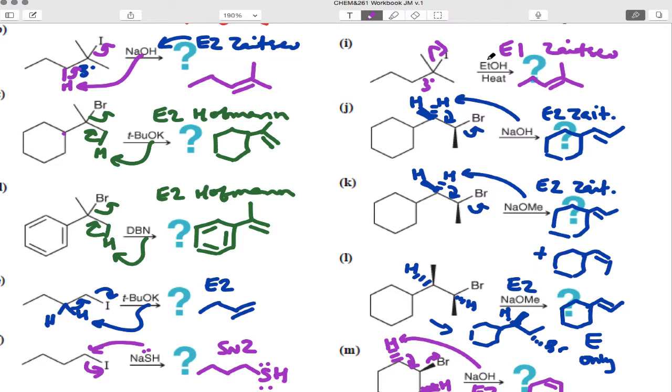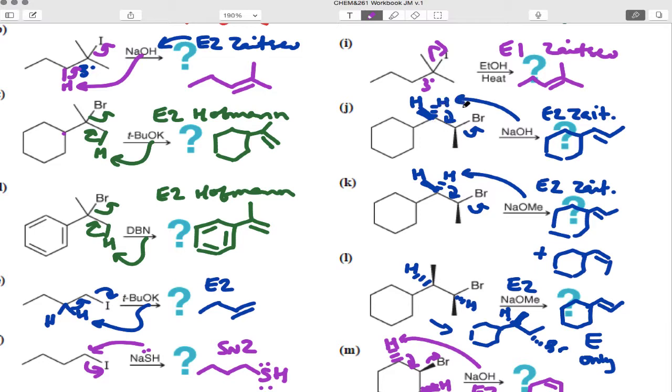It could do E1 or SN1 with ethanol, but with heat, that's going to drive it toward E1. So this is going to leave, and then I'm going to get a positive charge, no rearrangement, and a Zaitsev product. Here, a small, strong base, E2, leading to Zaitsev rather than Hoffman.